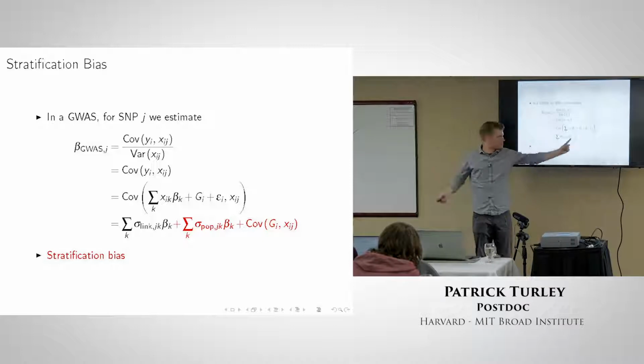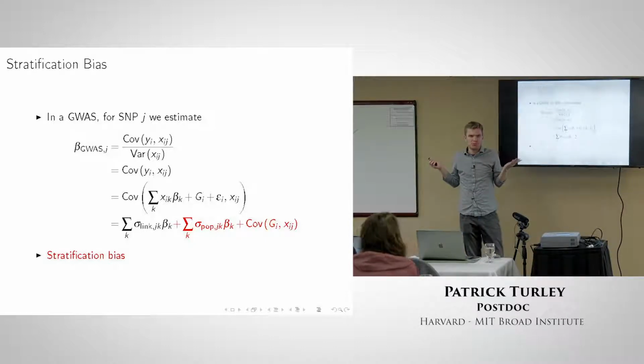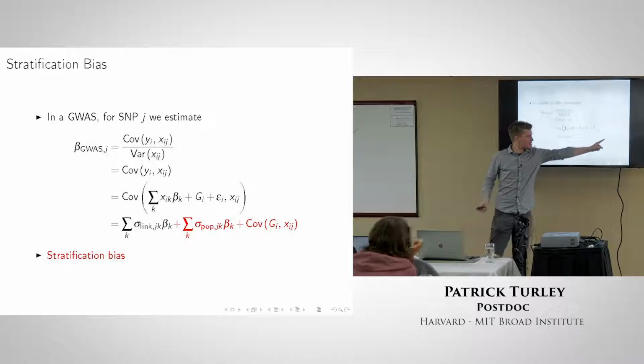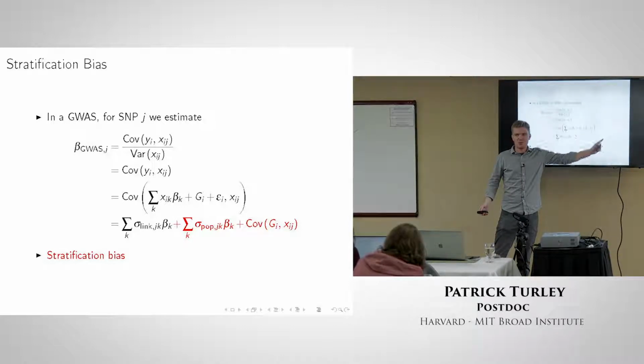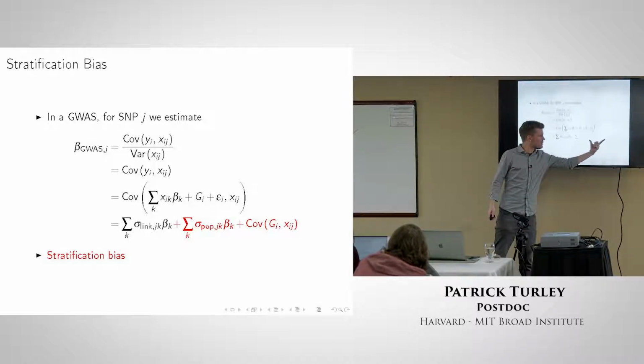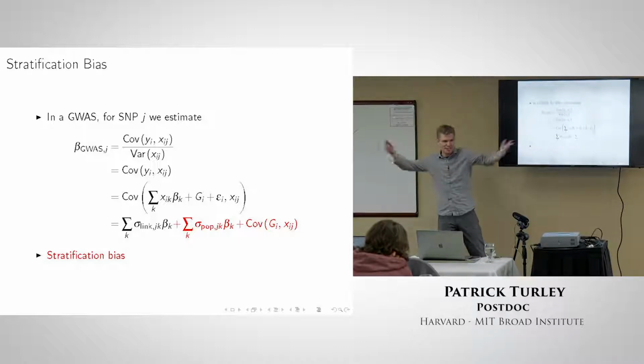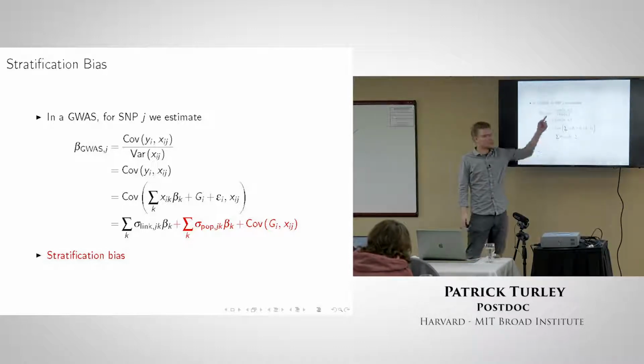And so if it's associated because of this term here, in fact, these ones here also are causal, right? It's tagging causal effects, but it's a causal effect any place in the genome. And so that's not very helpful. And then this represents just confounding that isn't due to any sort of causal effect. So that's not helpful at all. And so this term here we usually think of as the bias, and this is the actual GWAS effect, unconfounded by population structure, even though, again, it represents the effect of a lot of SNPs other than specifically J.